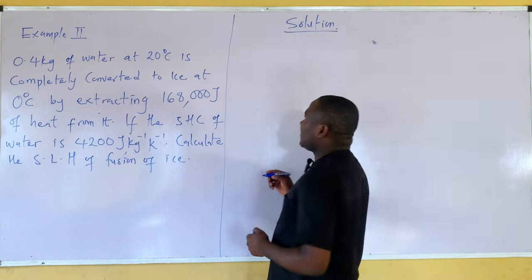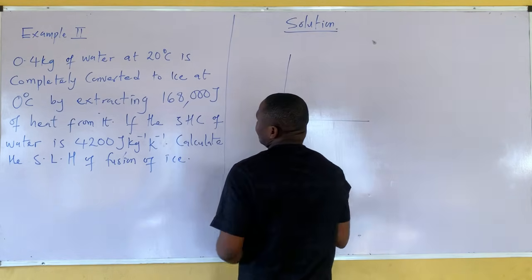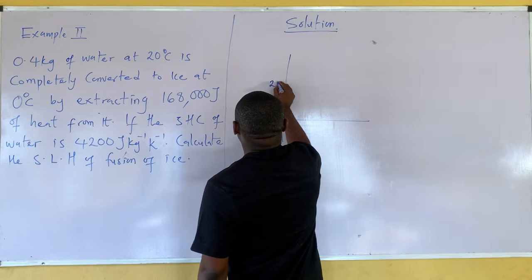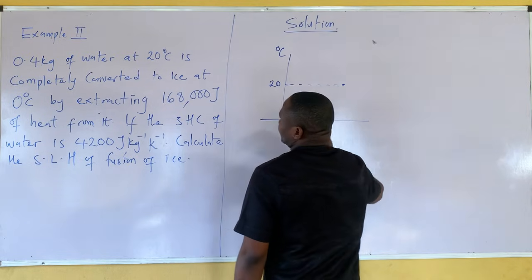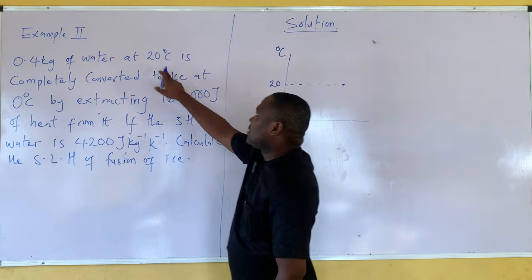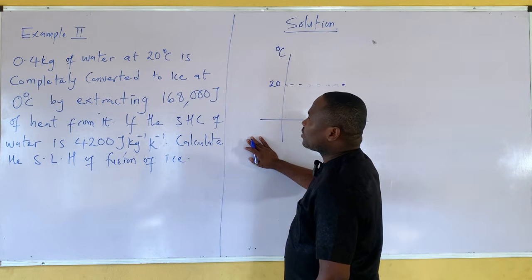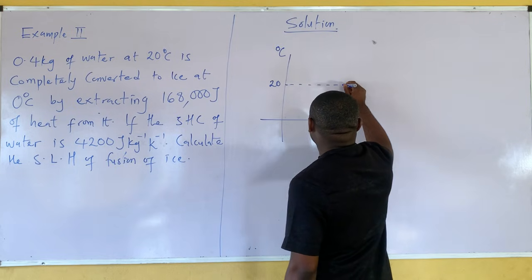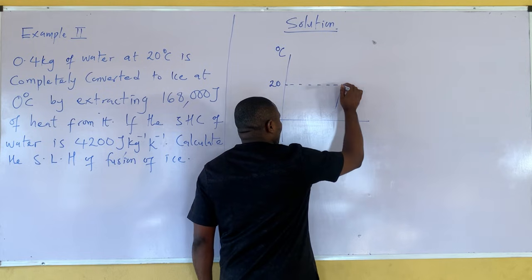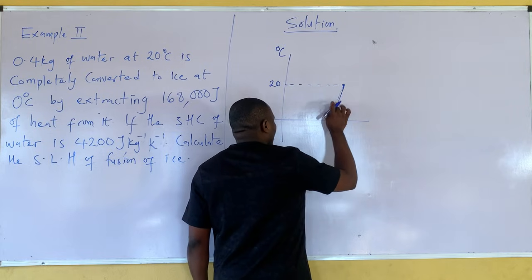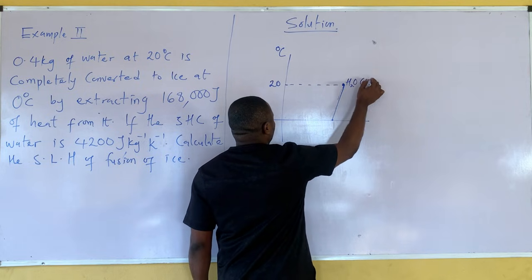of ice. Now, if I take the table of this, I have at 20 degrees Celsius, I have water there. Water at 20 degrees Celsius is completely converted to ice. So if water loses heat, it will go down to 0. It will go down. This is water, H2O as liquid.